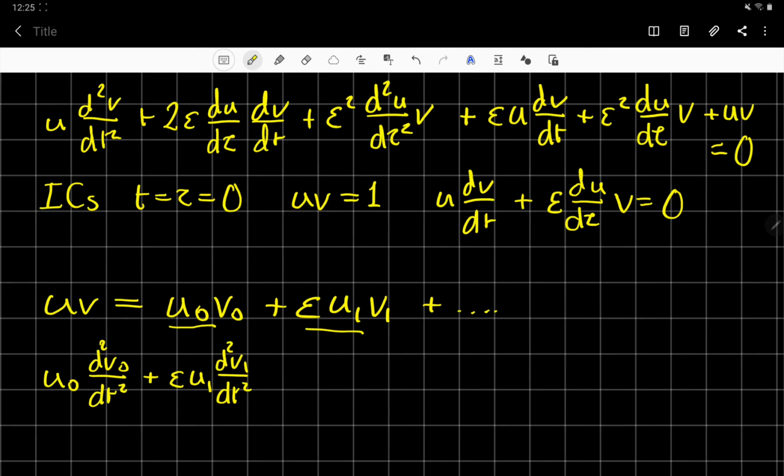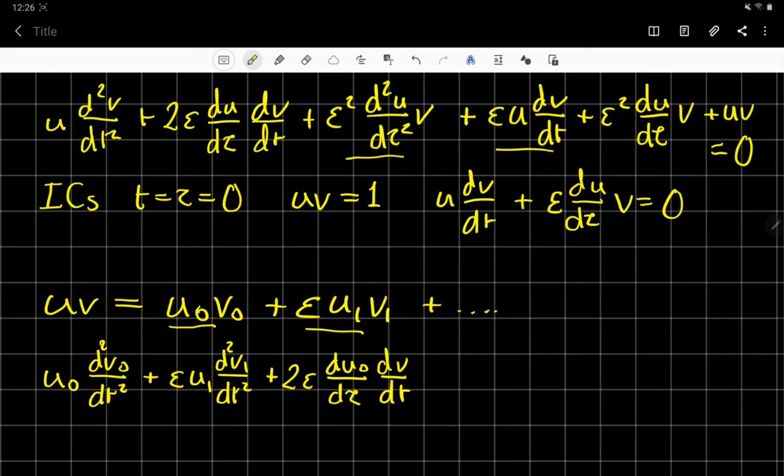Then the next term comes with its own epsilon, so we're only going to keep the zero order term for this. So 2 epsilon du naught d tau dv dt. Next term, this one here, this is already second order in epsilon, so I don't worry about that.